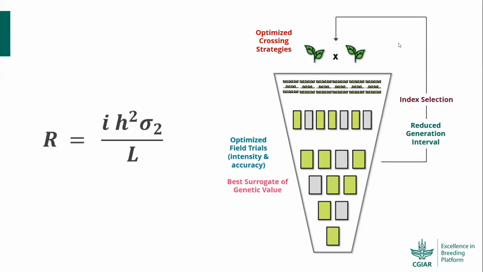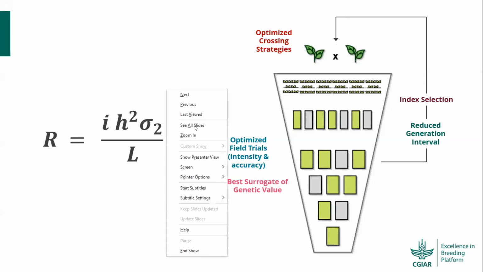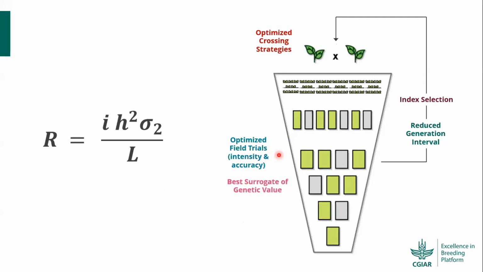It has optimized field trials to have the right intensity in terms of individuals, but also in terms of environments, finding that sweet spot between having many individuals, but also covering the TP as much as possible. So that has optimized the field trials, that's what I was mentioning. And on top of that, it uses the best possible surrogates of genetic or breeding value for the different traits.